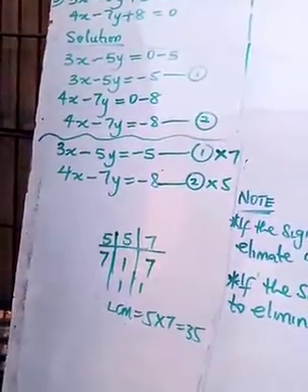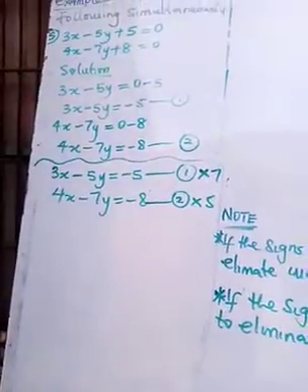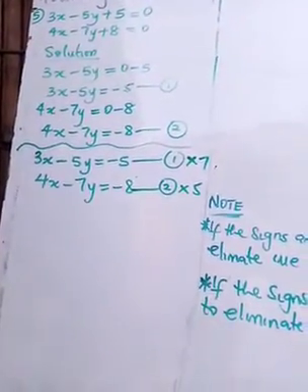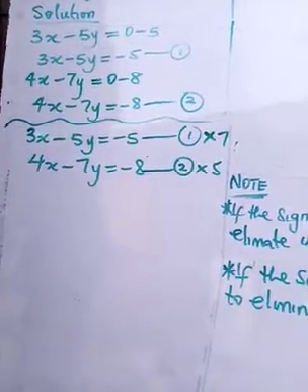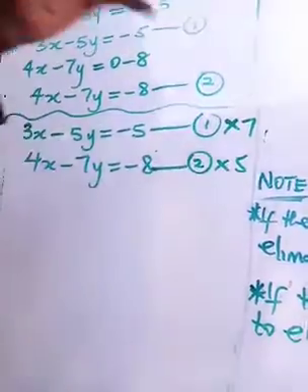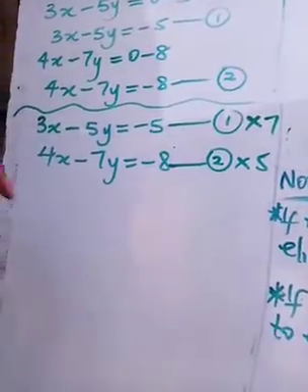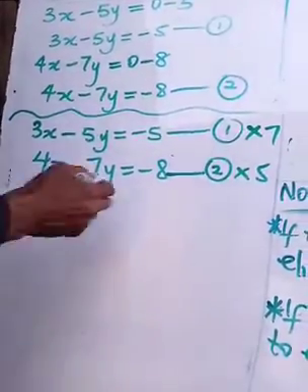But I told you sometimes it's good to find the LCM, but this works all the time too. To reduce the size of the numbers, because sometimes the numbers can be very large, we just use that technique. That's why I'm showing you another way to reduce the numbers. So let's continue.